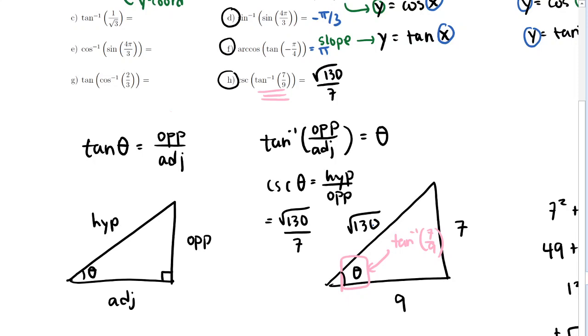And so here, if we want to evaluate cosecant of that angle, we just have to find that third side length and continue using this idea of trigonometric functions being the ratios of side lengths of triangles. Cosecant is hypotenuse over opposite, and once we have all three sides, we can find exactly that ratio. And so in this case, it was the square root of 130 as the hypotenuse divided by 7, the opposite side length.